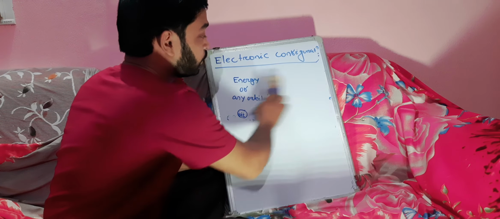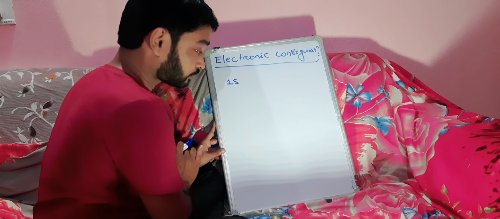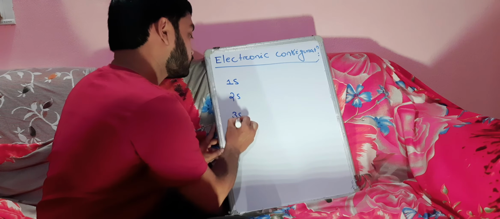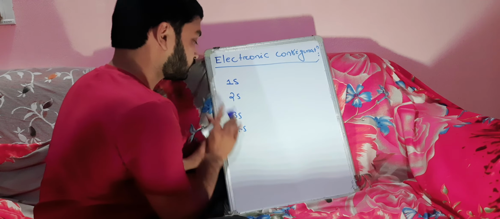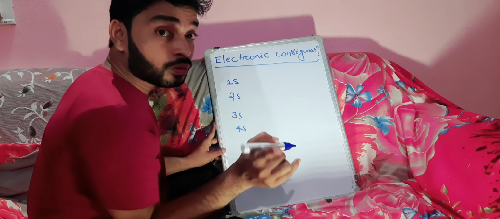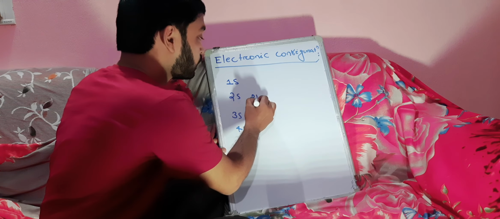As we know, the starting n value of s orbital is 1. So I am writing 2s, 3s, 4s, up to 4s, and the starting n value of p orbital is 2. So it is 2p.